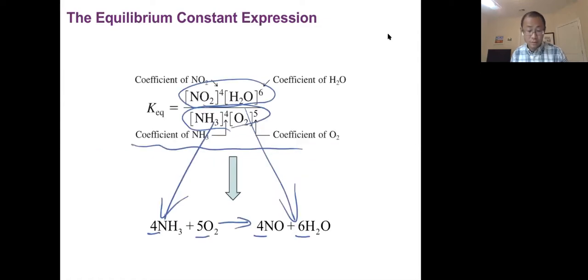This is how we do it backwards. Something on top is what? Products. Of course, you need to get rid of the brackets. Brackets mean concentration. Something at the bottom is what? Reactants. And the exponents, the powers, are their respective coefficients. Does it make sense, guys, everyone?